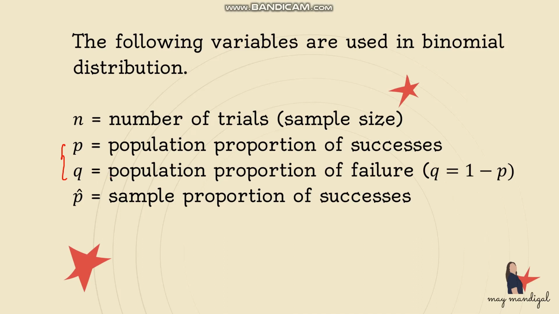A while ago, we discussed success and failure when it comes to the trials in a binomial random variable. So these two are the variables we use to represent the proportion of success and the proportion of failure, or the probability of success and probability of failure. Again, for example, you toss a coin 10 times and you want to identify the number of heads that you will get.